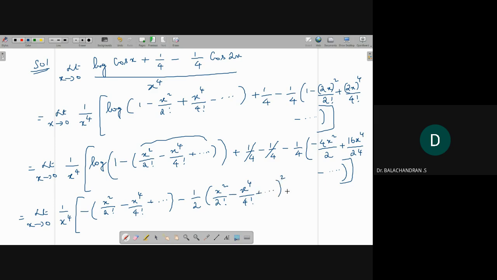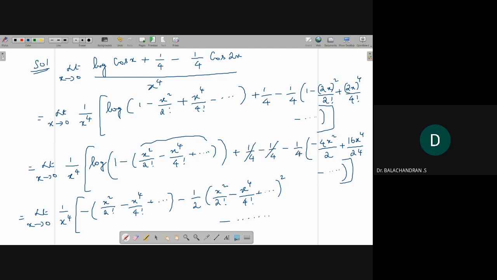I write the minus here because it may be confused with the other minus, and then and so on.